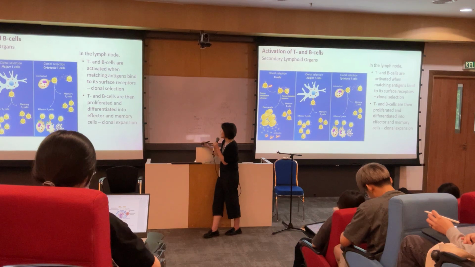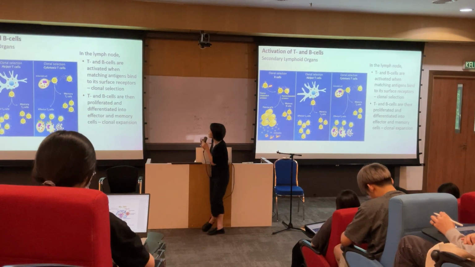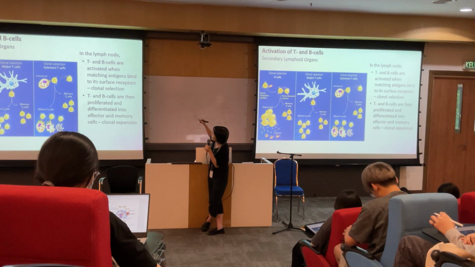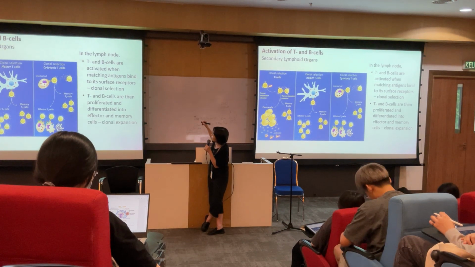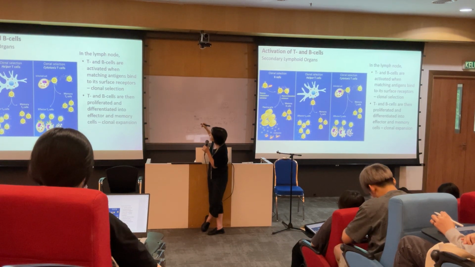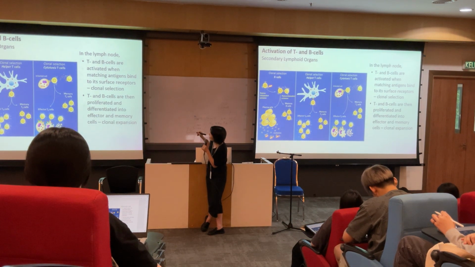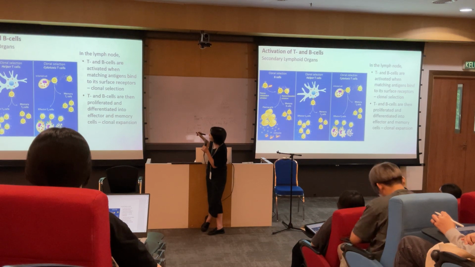What happens after the activation? This is B cell and T cell activation, okay. So this is the consequence of when they encounter the microbes or the APCs in the secondary lymphoid organ. For B cells, this is the bacteria, right? It looks like bacteria, and then the B cell is activated. They can be activated in two ways.